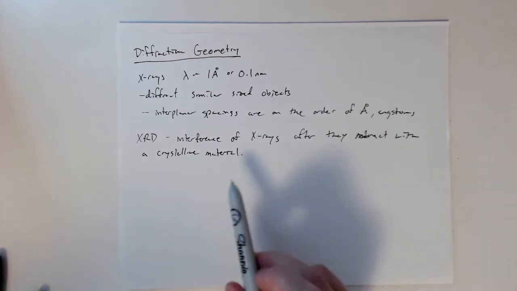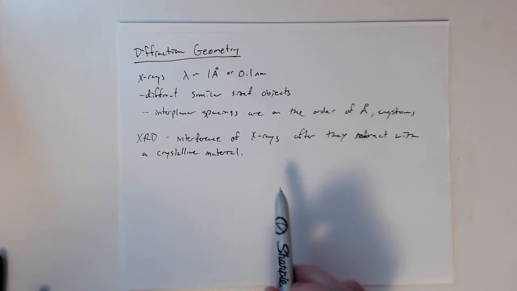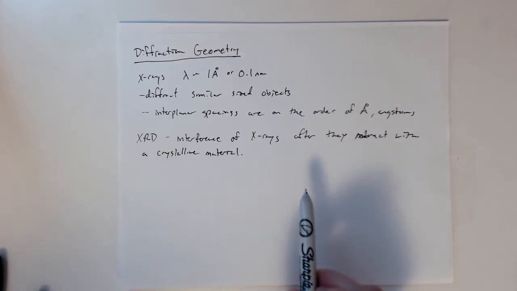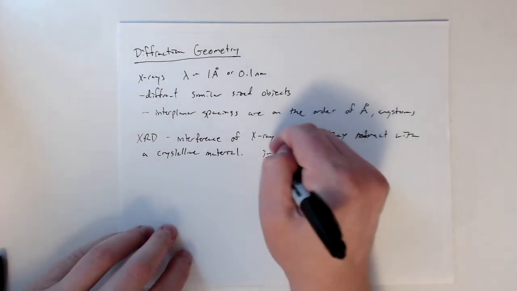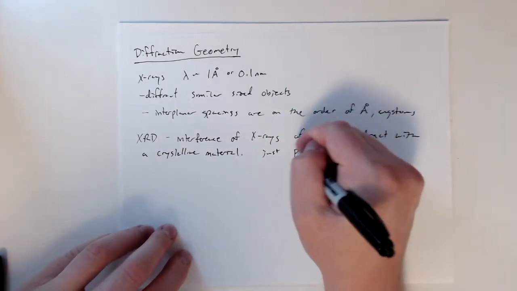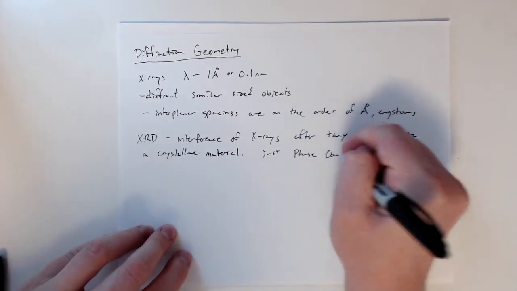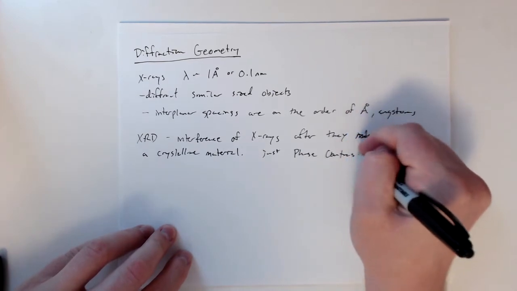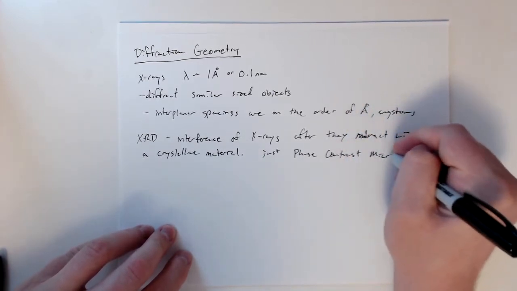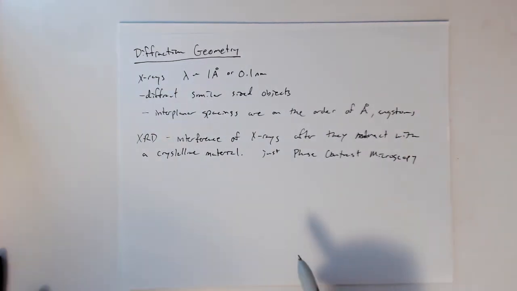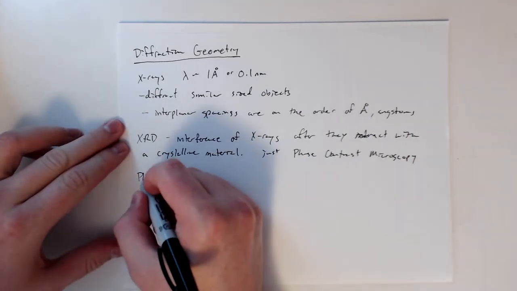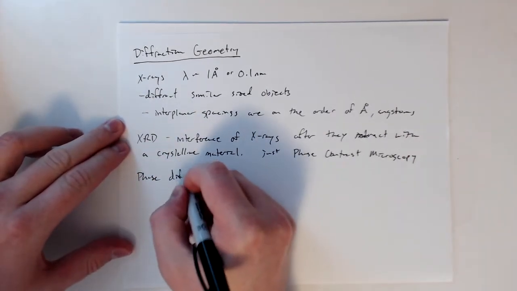All right, so we're looking at this interference of X-rays, and this is just like what we talked about in phase contrast microscopy. There we were talking about the interference of visible light. Here we're talking about X-rays, but the same principle applies. So we have phase differences.